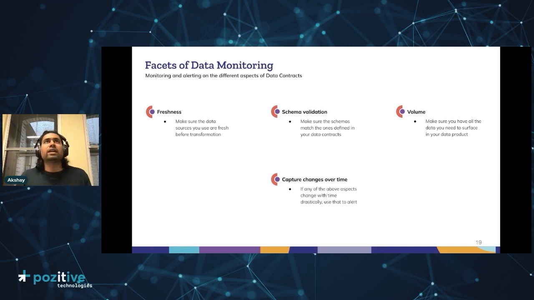To start detecting if there were patterns where some failures happened frequently, then there may be something where the contract is changing with your producers, and you want to have some conversations with them to understand why these tests are failing. You may want to change something at the source level, or you may want to let your consumers know that this is changing going forward, so that you can start capturing those changes and understanding patterns in there.